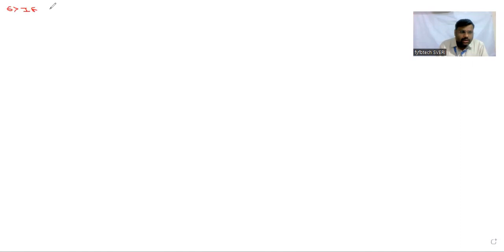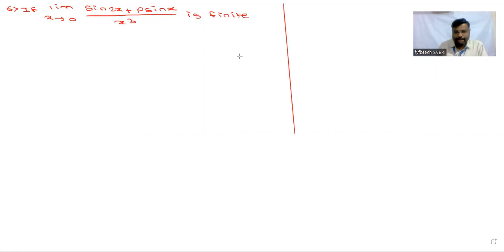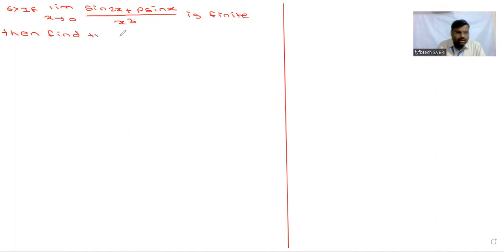If limit x tends to 0, sin 2x plus p times sin x divided by x cube is finite, then find the value of p and also find the value of limit.